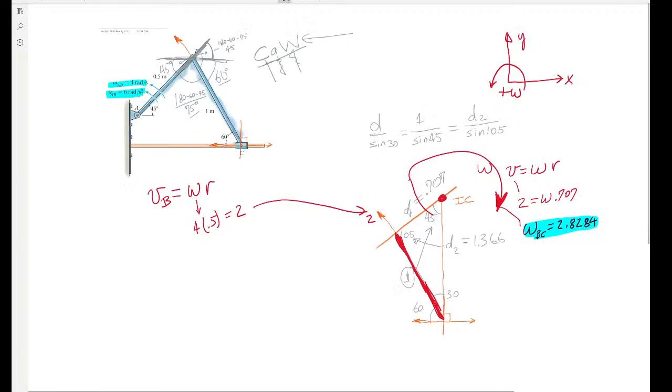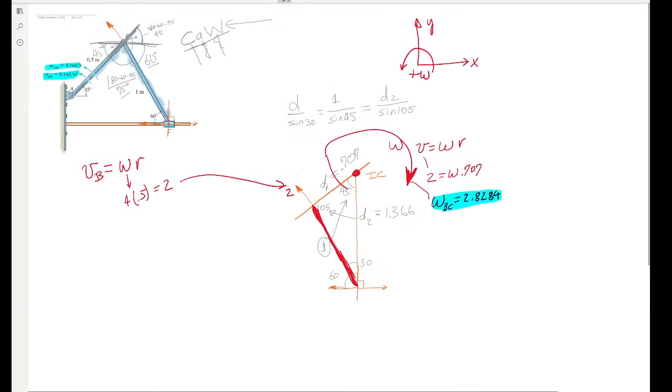So, if we look at this, we can say to ourselves, well, let's go ahead and do velocities here. Well, okay, so everything I've done is fine.